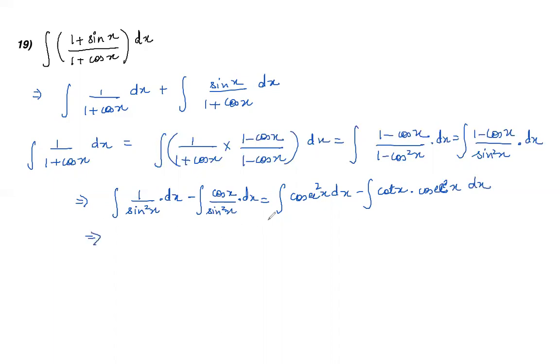What is the integration of cosec square x? We know the integration of cosec square x is minus cot x, minus what is the integration of cot x cosec x? It is equals to minus cosec x. So I'll get cosec x minus cot x plus c.